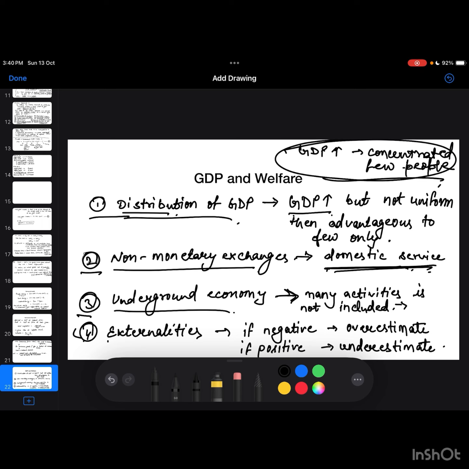Now the externality is also there. Now what is externality? Externality is the benefit, or also the harm, a firm or an individual causes to another.